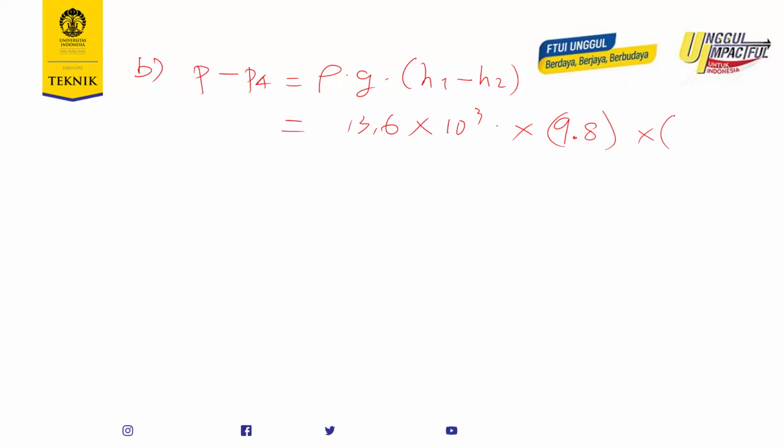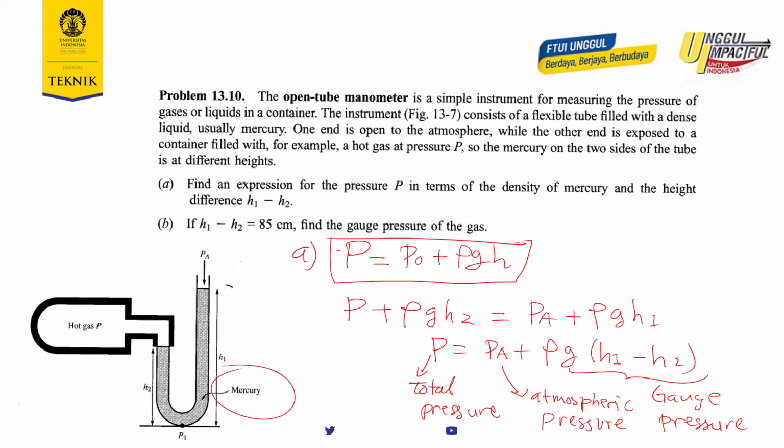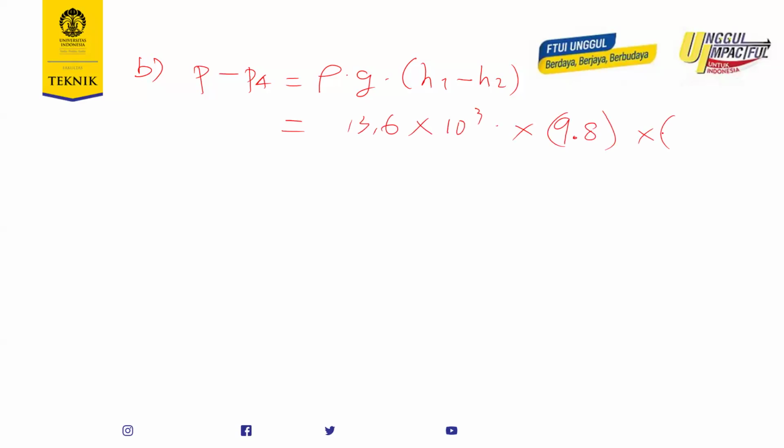So the mass density of mercury is around 13.6 times 10 to the power 3, and then G is the gravitational acceleration, 9.8, times 0.85. We can convert the 85 centimeters to meters, so this is 0.85, or 85 times 10 to the power minus 2. Okay, we can calculate this, and the final answer for the P gauge is 113 times 10 to the power 3 Pascal.